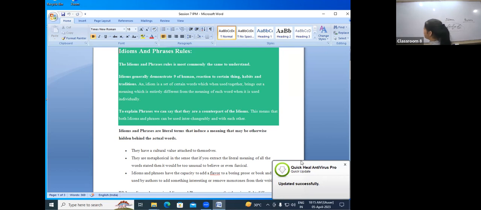So idiom is basically a noun or an adjective. You can write it, just two sentences. Idiom is basically a noun or an adjective which is followed by a preposition.